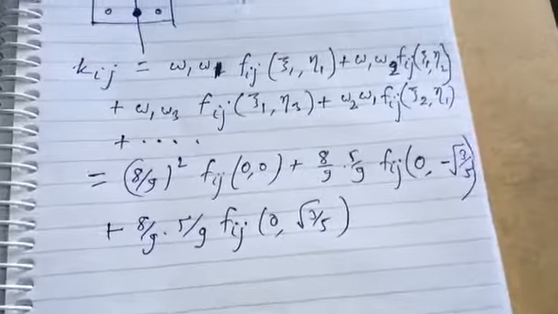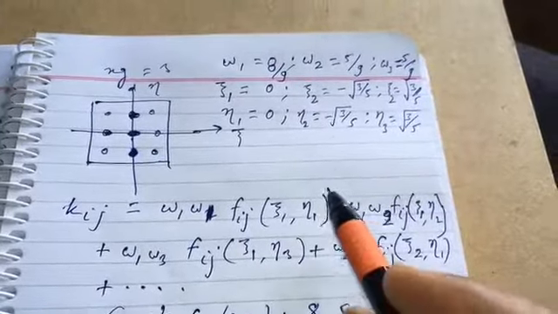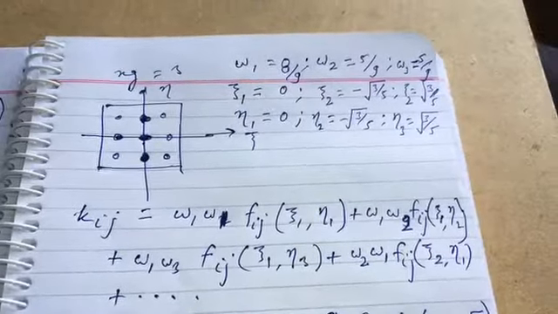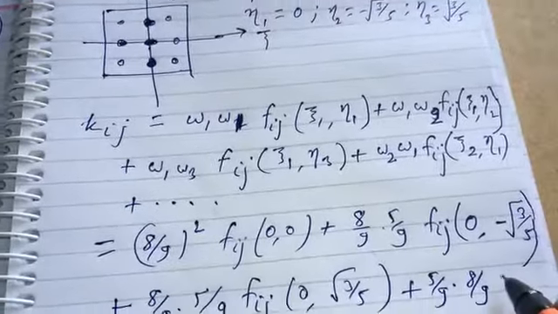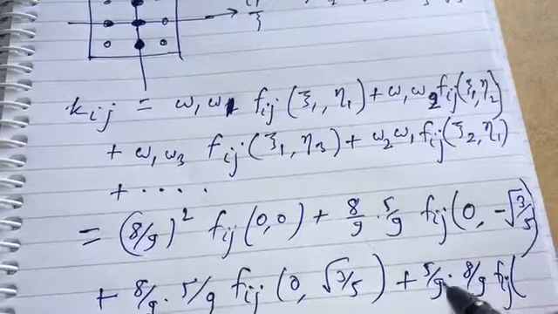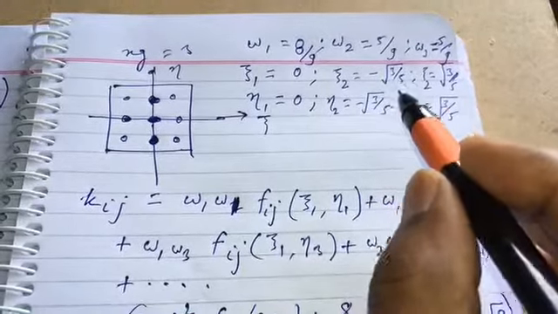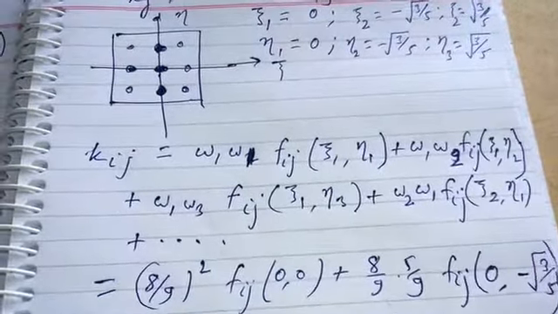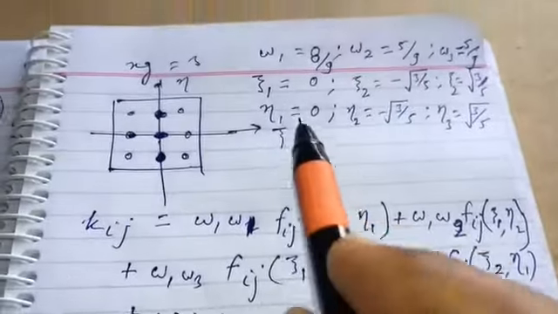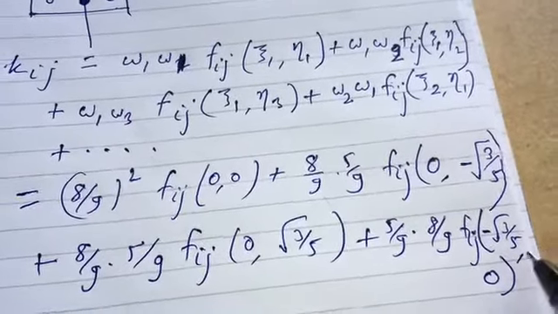okay. Then this term, so plus W2 W1, so W2 is 5 over 9, so 5 over 9 multiplied by 8 over 9, okay, times Fij, and W2, so here should be xi2, so xi2 minus root 3 over 5, and this is eta 1, so eta 1 is 0, so comma 0, okay.